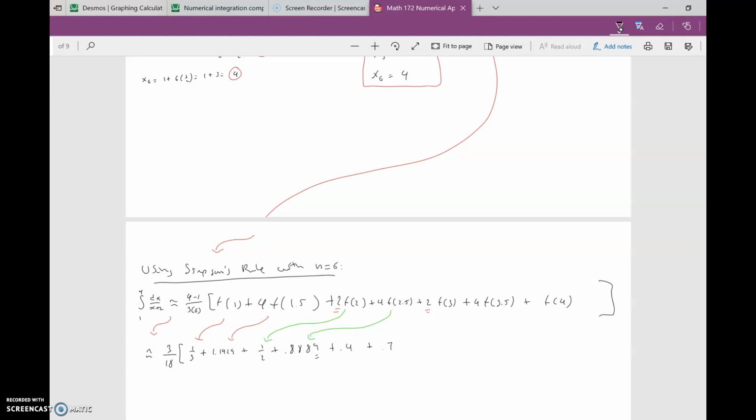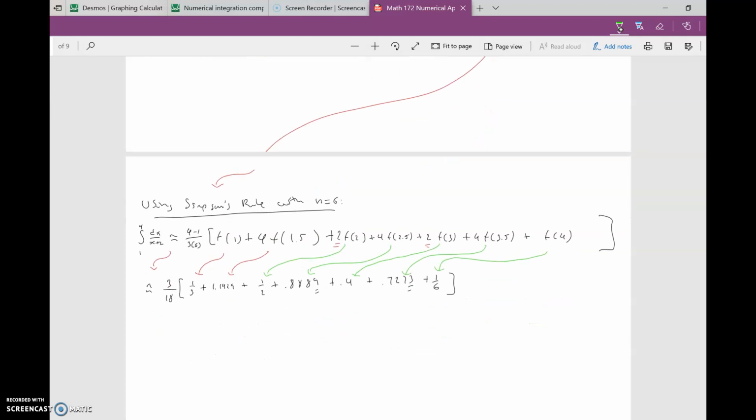Okay, plus 0.7273. And then the last one is going to be simply f of 4. So it's going to be 1/6. So plus 1/6. Okay, and let me just double check that none of these were omitted. That is this one, that is this one, and that one.